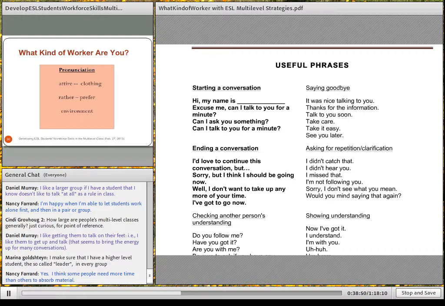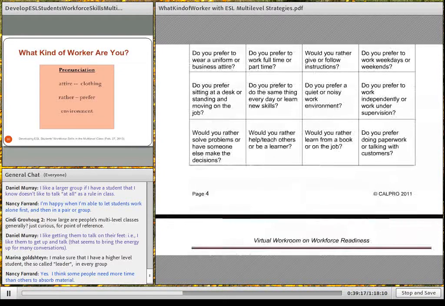And we just had practice between myself and students in the class, and it really was helpful for them, and it gave them more confidence when going around to speak and ask questions to other students. So I printed this out, gave it to them, asked them to keep it, and they could carry it around with them in the classroom in case they forgot different ways to start a conversation and end it.